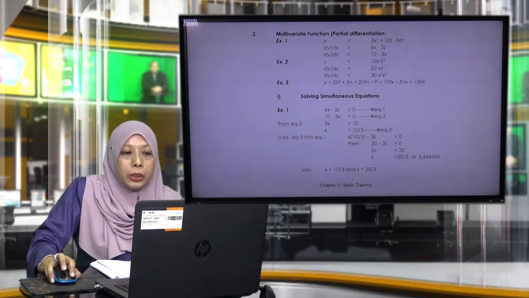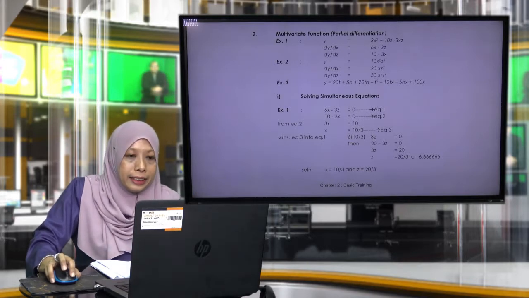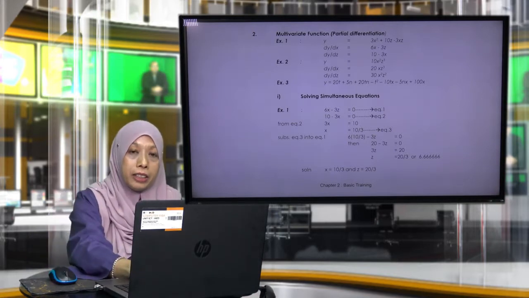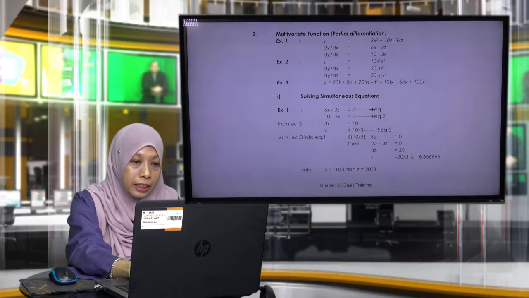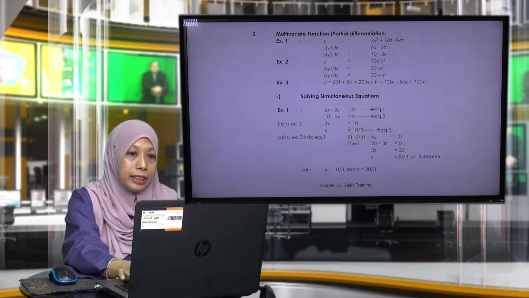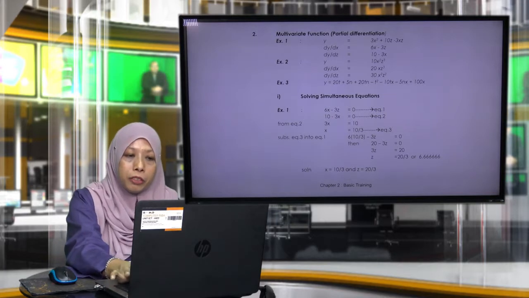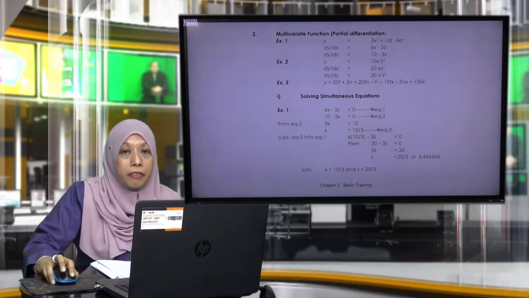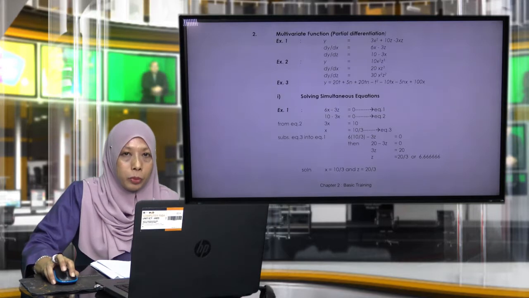You have 80x. Now this function is a line function. If you have a line function and you want to differentiate it, you're going to get simply the coefficient, in this case 80. Let's move on to the second subfunction, which is 2x squared.